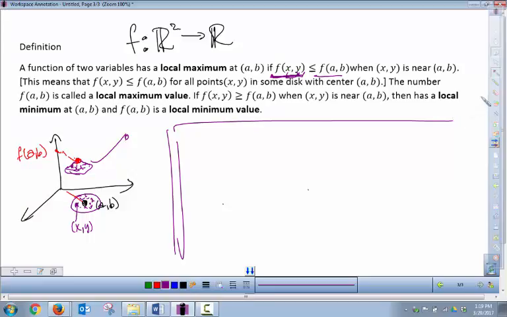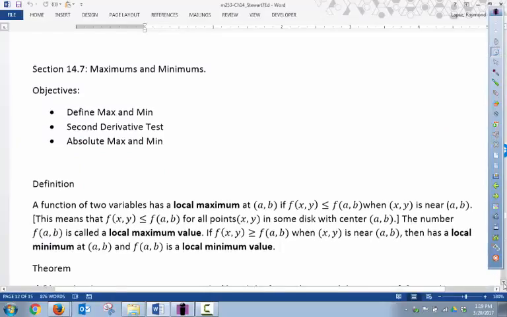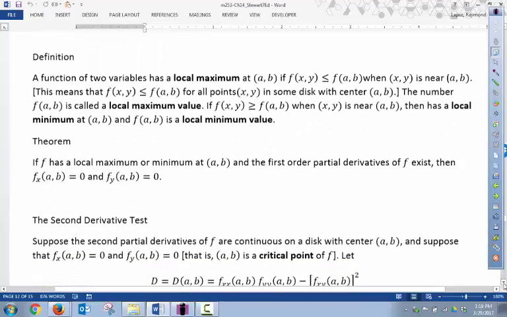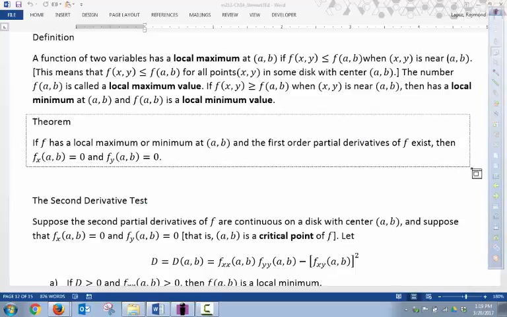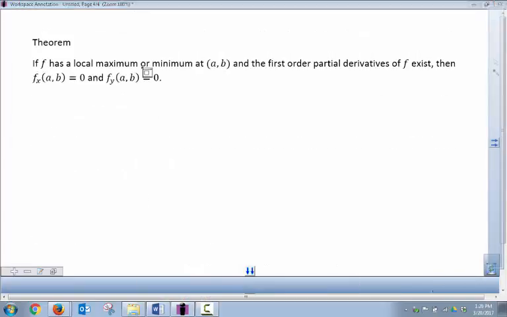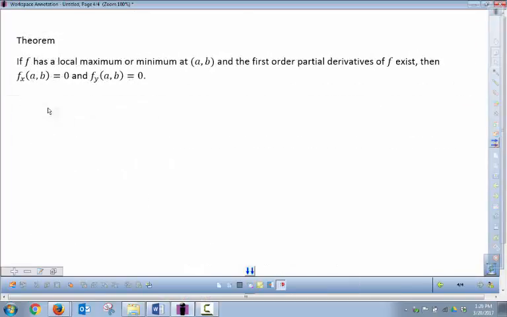So the next step is to find critical values. I didn't formally define critical values here, it looks like. The subscript means that's the first derivative with respect to x and with respect to y.